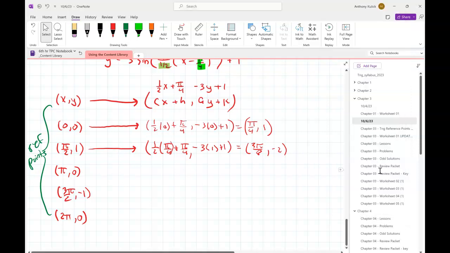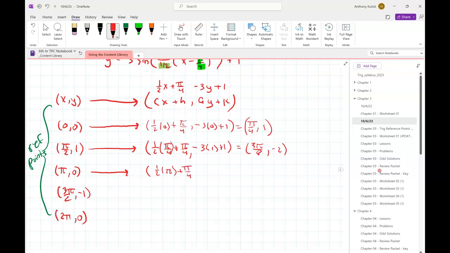All right. Same idea here. So plugging in pi for x and 0 for y. 1/2 times pi is pi over 2. Pi over 2 plus pi over 4. What's 1/2 plus 1/4? Well, that's 3/4, right? So that's going to be 3 pi over 4.